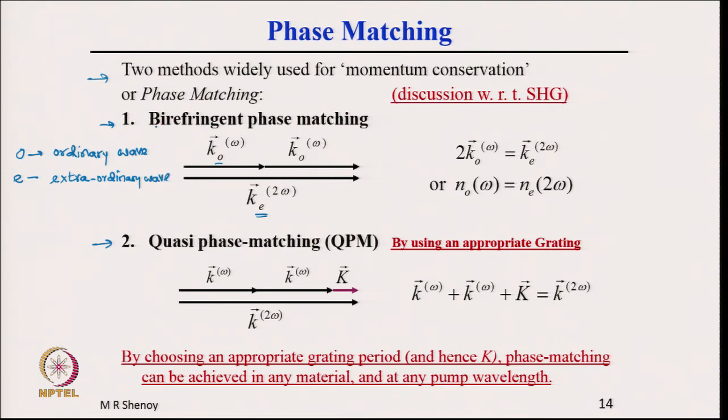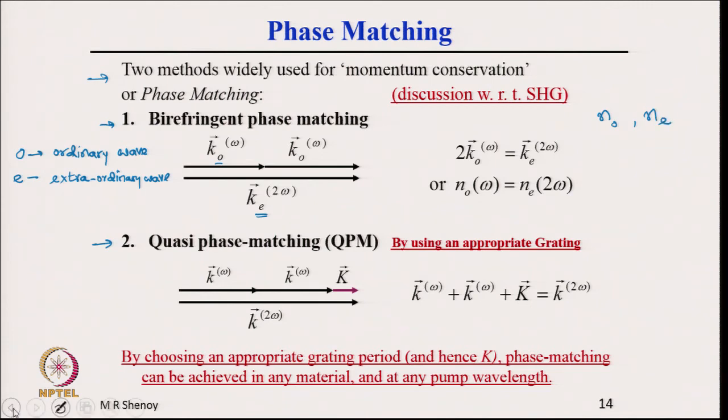So, in birefringent phase matching, which means in a birefringent medium, if we consider a uniaxial medium, then it is characterized by an ordinary refractive index NO and an extraordinary refractive index NE.